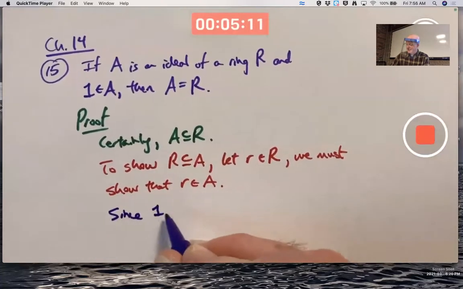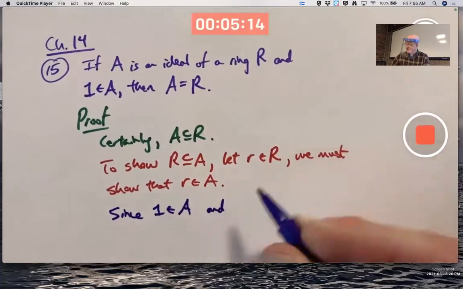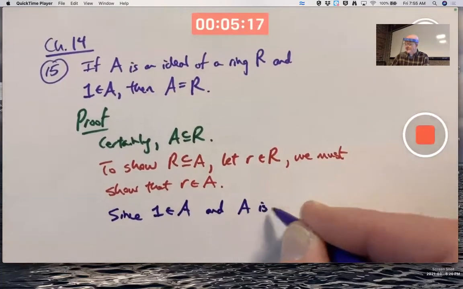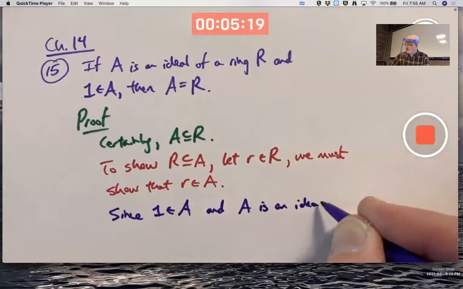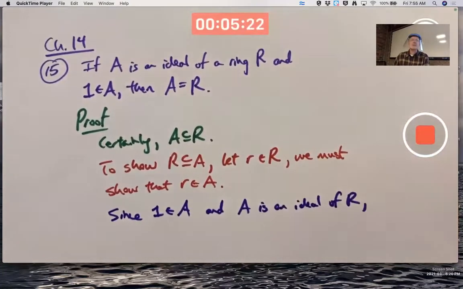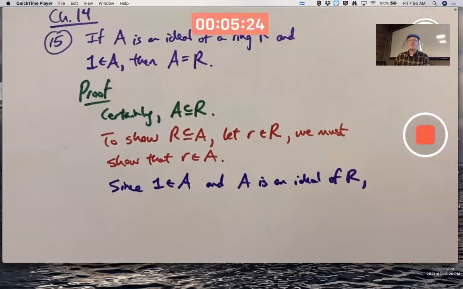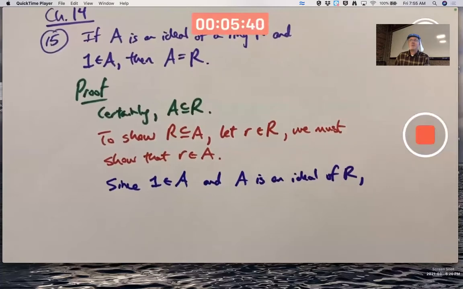Since 1 is in A and A is an ideal of R, remember I described the property at the end of class on Wednesday as the ideal being superclosed. It's more than just closed under multiplication. I called it superclosed or ultra closed. I mean, these are just made up words. In the definition of an ideal, you take any element in the ideal, you multiply it by any element in the ring, and the product has to be in the ideal.